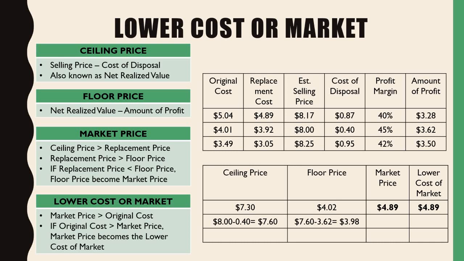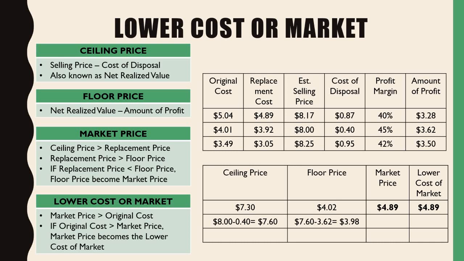Okay, so now let's go ahead and determine my market value. So in this case, I need to compare my ceiling of 760, my floor of 398, and my replacement at $3.92. So which value is in the middle? 398.